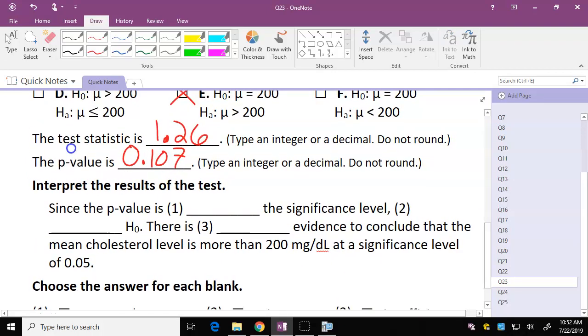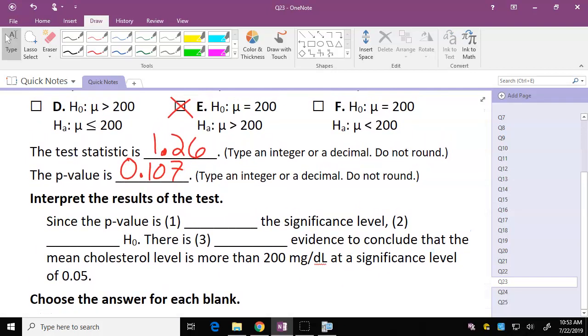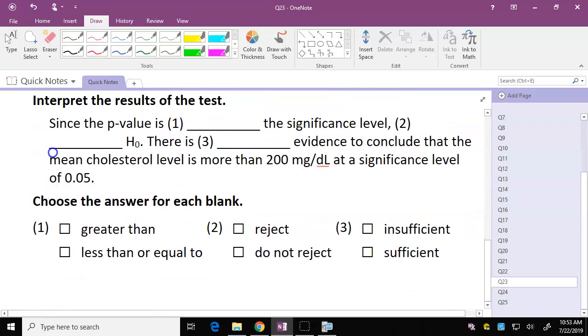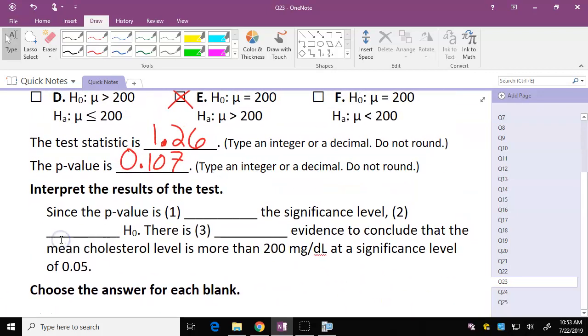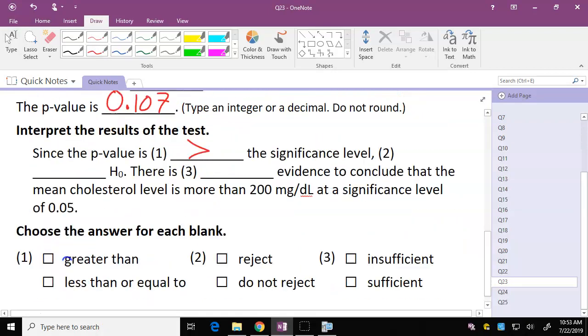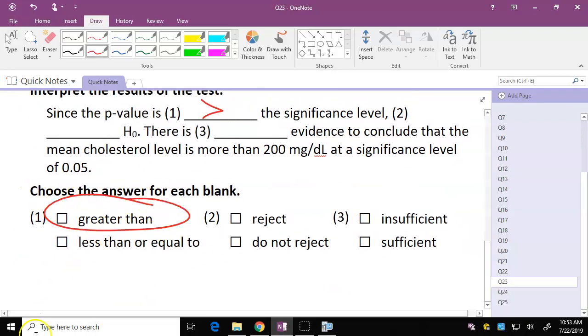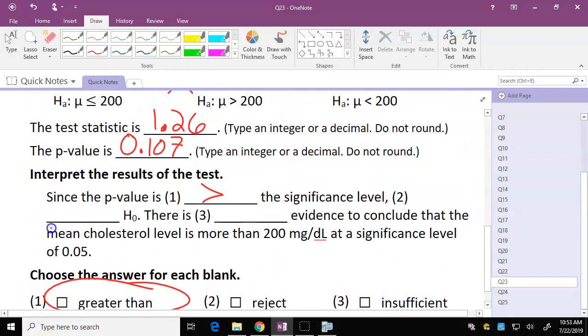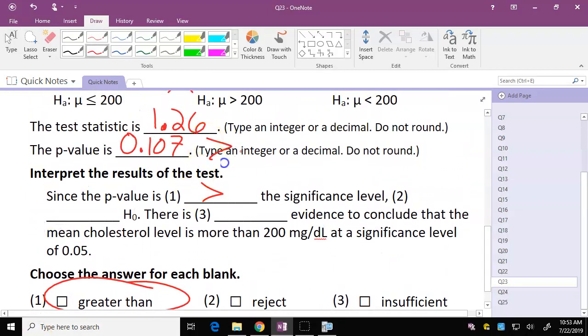Okay. So since the p-value is blank, greater than or less than or equal to? Greater than. The significance level, because this is definitely bigger than 0.05.